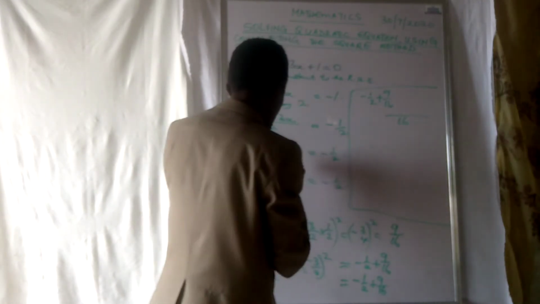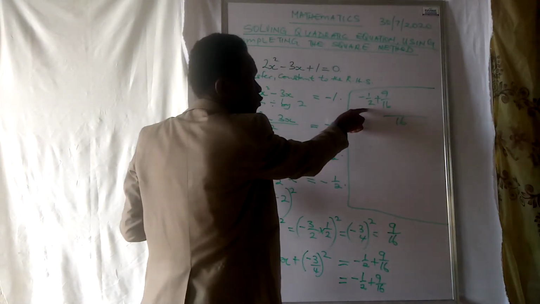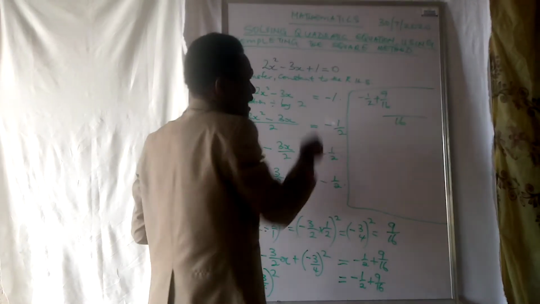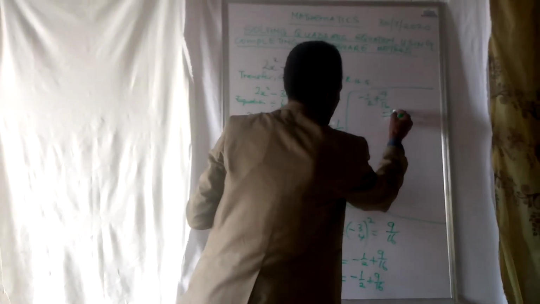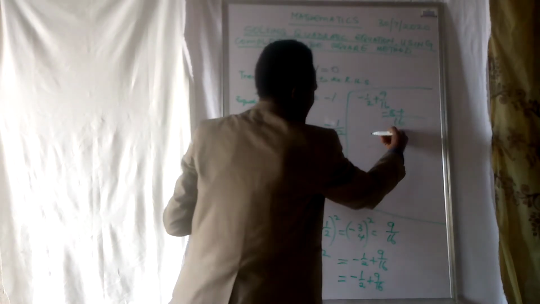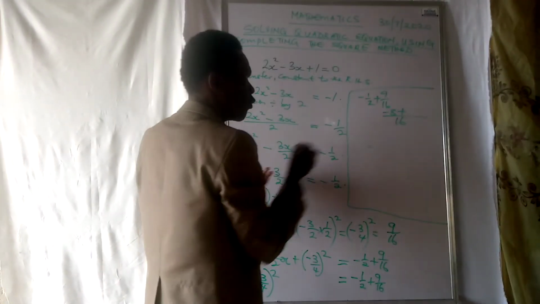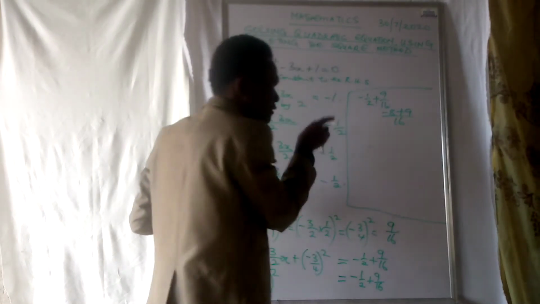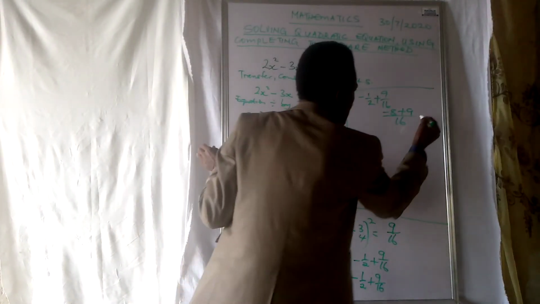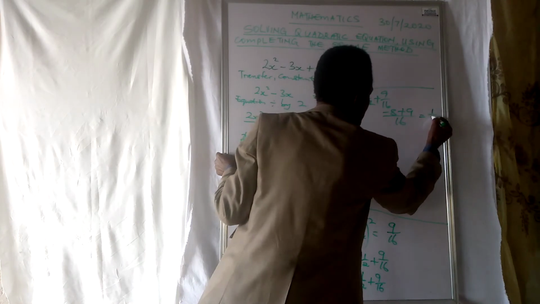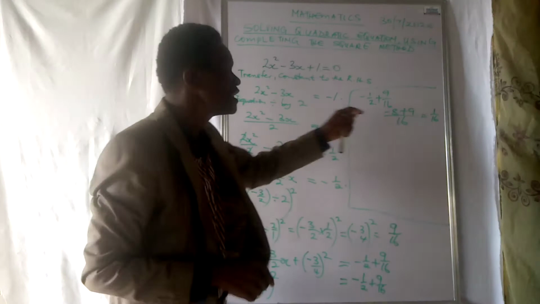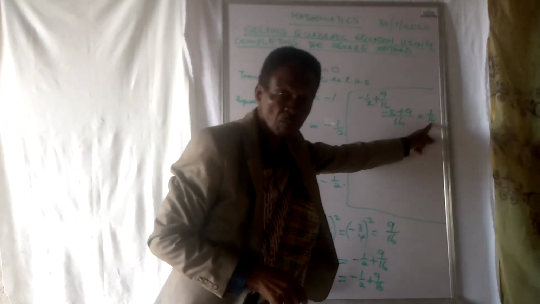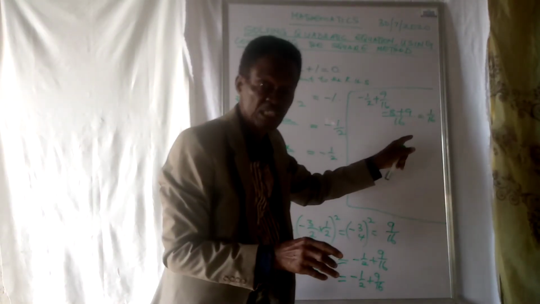Then 16 divided by 2 is 8, so 8 times 1 becomes minus 8, then plus 16 divided by 16 is 1, 1 times 9 is 9. So this becomes minus 8 plus 9, that is plus 1, so this becomes 1 over 16. Now we put this 1 over 16 in a square form.